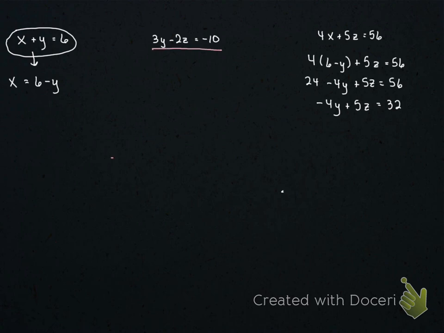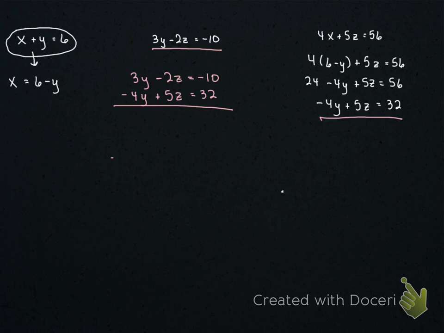Now I've got my middle equation in y and z, and my new equation here in y and z. So I can put those together, and I can eliminate either y or z, whichever one I find to be maybe more feasible, meaning maybe a little bit easier. It doesn't really matter, so I'm just going to eliminate the y.